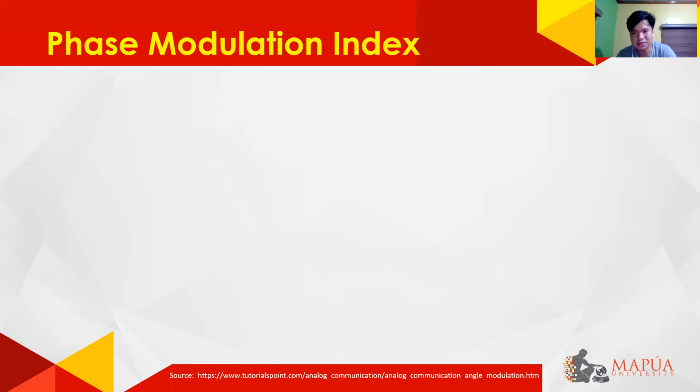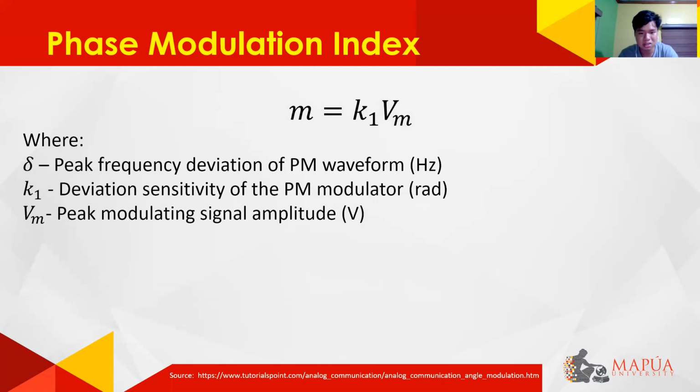And the phase modulation index is K1 multiplied by Vm, which is quite similar to the phase deviation. So there are actually quite many similarities between FM and PM, but there are also distinct differences between them. The first is that the modulation index and the phase modulation are actually the same.